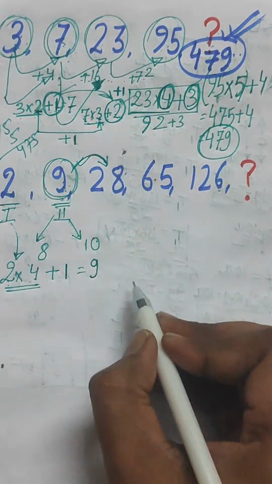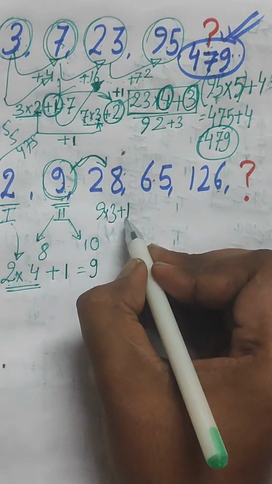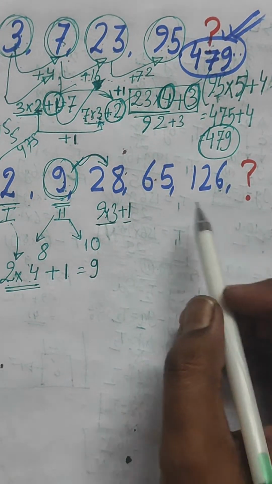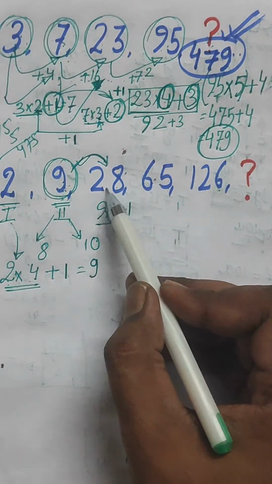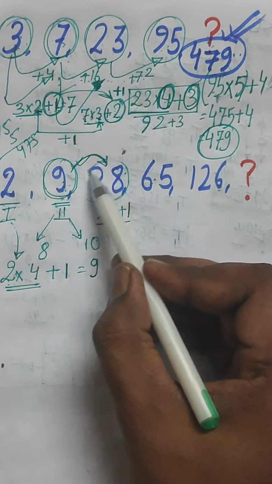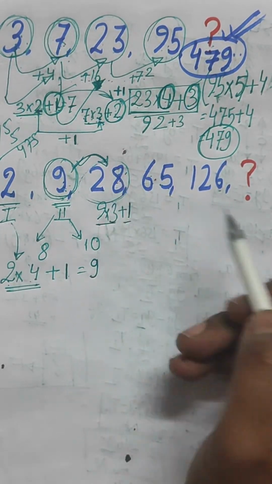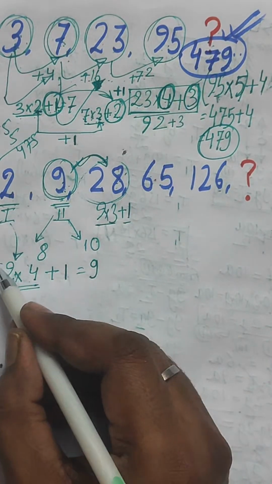So here you can see 9 into 3, 27 plus 1, that is 28 is coming, right? Similarly, now again check for the third number, that is 28, and whether the fourth number in the series is satisfying the relation from the third or not.